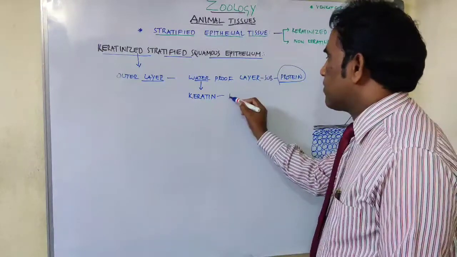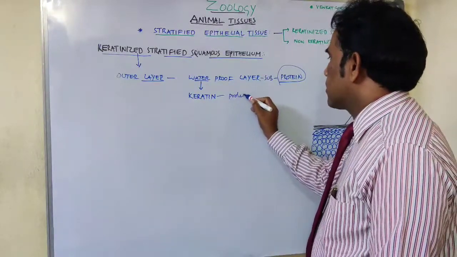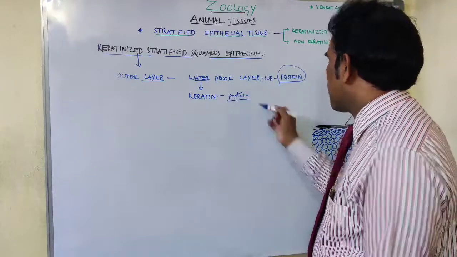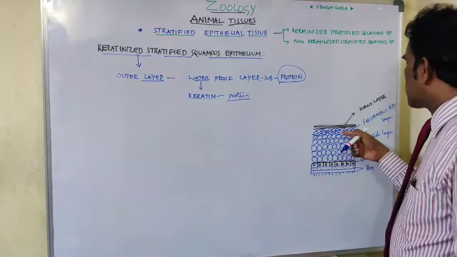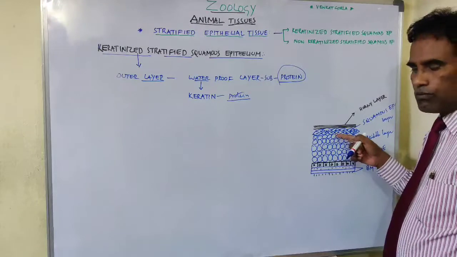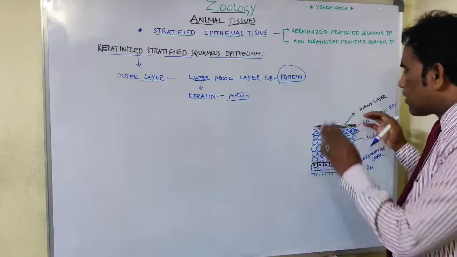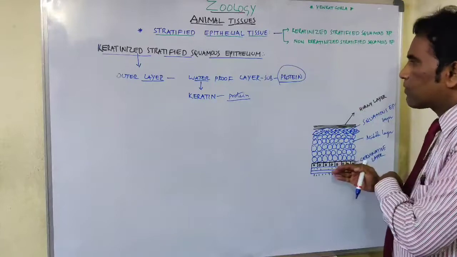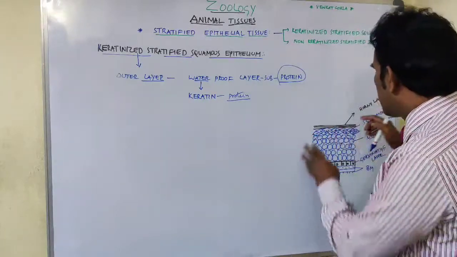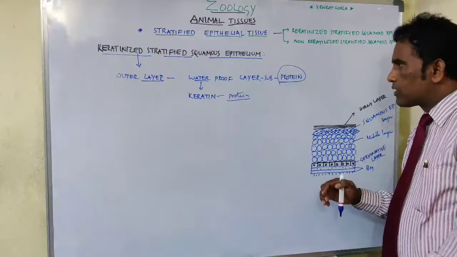So keratin is the name of a protein. This protein is formed at the end of this squamous epithelial tissue, and on the surface of the tissue a hornified, water-resistant, waterproof layer is formed.